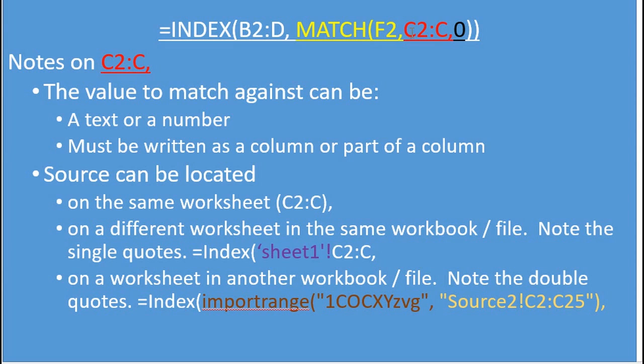C2 in our case. We don't write it as a specific range, C2 to C60 or C2000, because the input into the form responses continuously changes. Also remember that this source can in turn be part of the same worksheet, where you just write C to C2 or whatever.